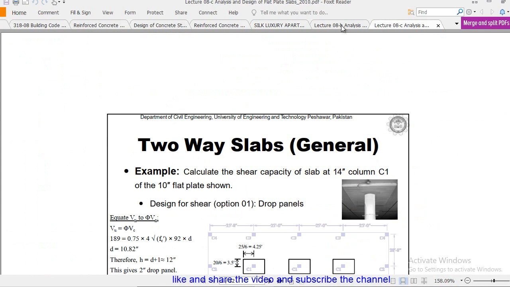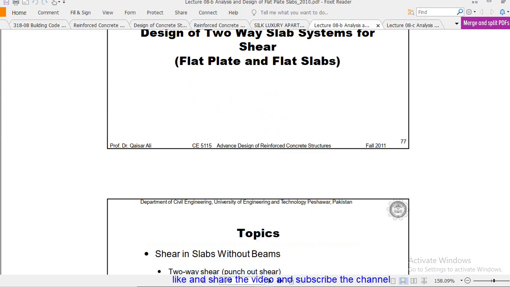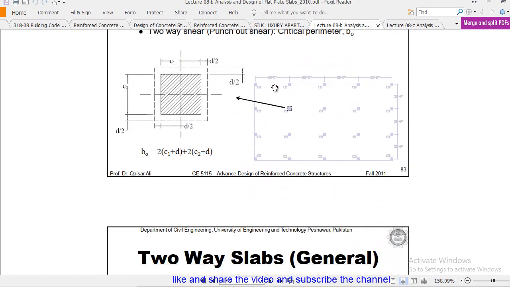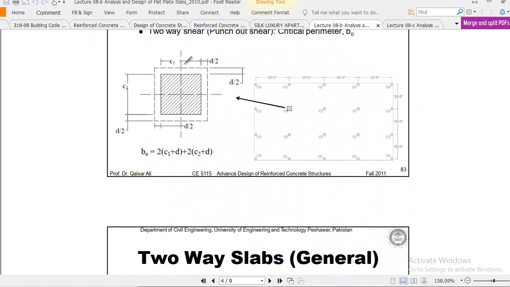So here we have this example, and let me explain one thing here, the position of the critical section. Here you see, for an interior column, this is the critical section, and from the face of the column it exists at a distance of d/2 on this side and d/2 on this side.